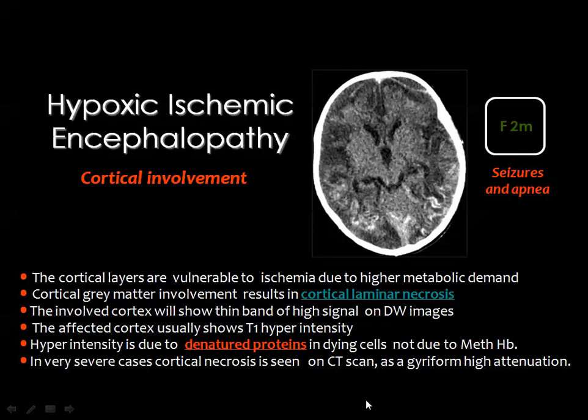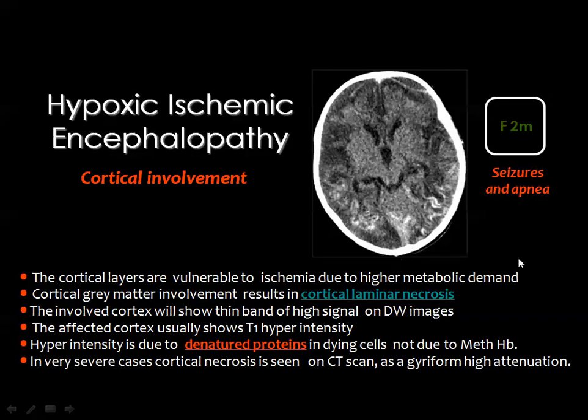And involvement of the cortex may lead to what's known as cortical laminar necrosis. And this cortical laminar necrosis usually appears in the CT scan as hyperdense serpiginous-like areas within the cerebral cortex.